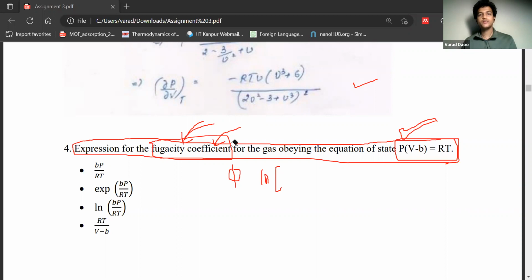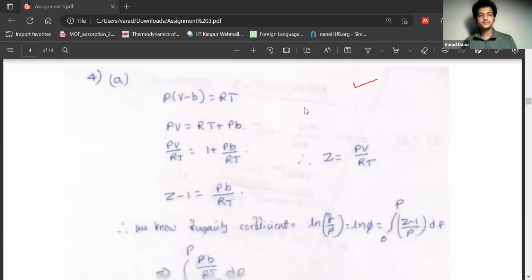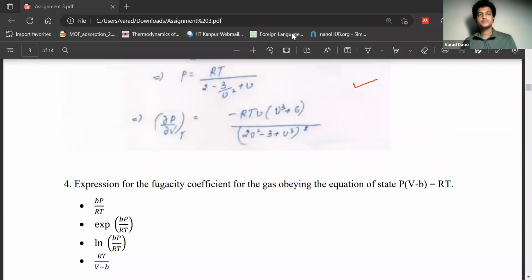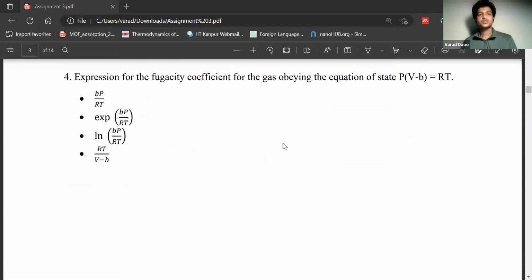Okay, I'll give you 2 minutes for everybody to solve the question, and then I will give the answer. Just remember what is the expression for fugacity coefficient.